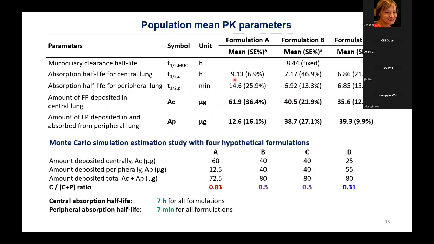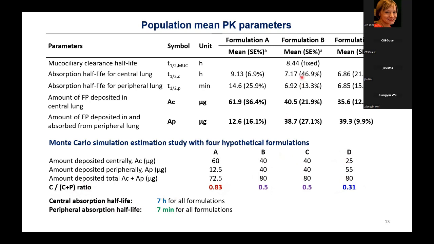So then we took those population estimates and ran Monte Carlo simulations to simulate hypothetical formulations. These are very similar to formulation A from above. So A is a very centrally depositing formulation with a 0.83 C divided by C plus P ratio. Formulations B and C are identical, and they both have a 50-50 deposition centrally versus peripherally. And then formulation D was a more peripherally depositing formulation with 0.31 for this ratio.